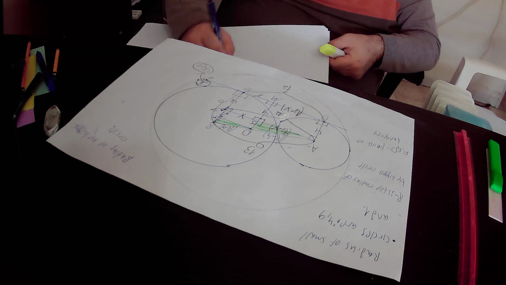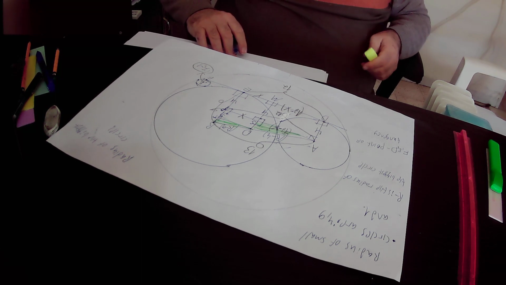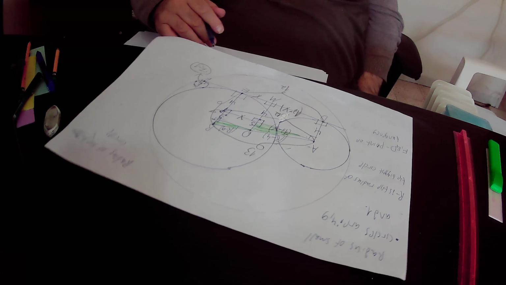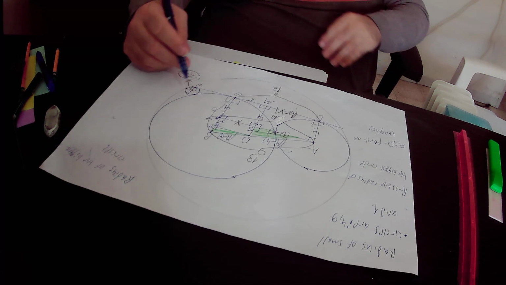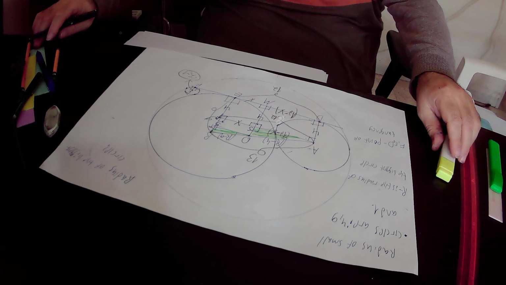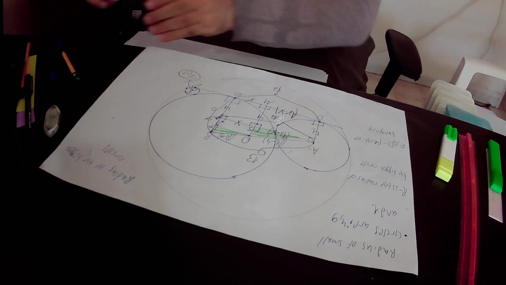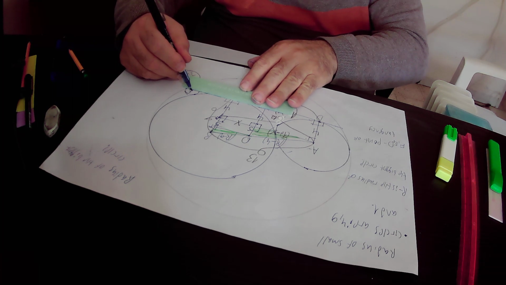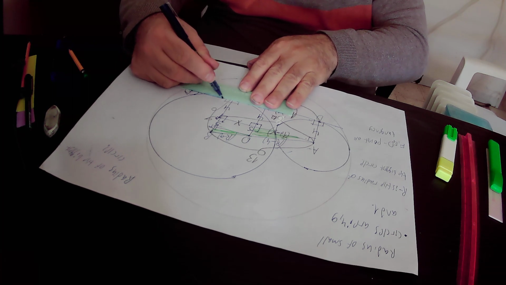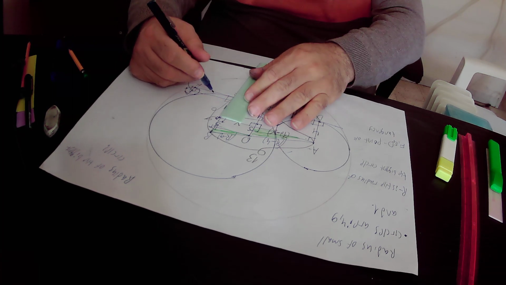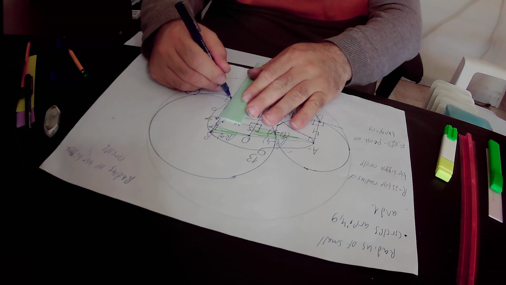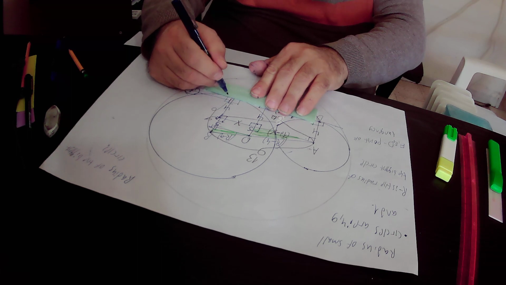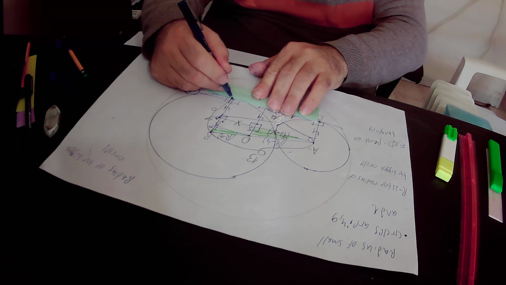In the next step, from point C, we will draw a perpendicular to BE. So this angle equals 90 degrees, and this angle will also be equal to 90 degrees.